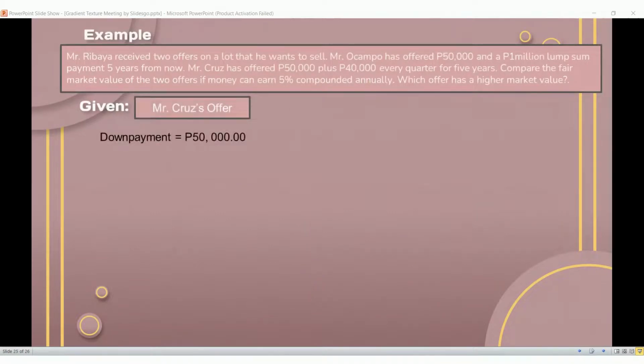His down payment is 50,000. Because Mr. Cruz has a regular payment of 40,000, we will use a general ordinary annuity. The time is the same, 5 years, and the interest rate is 5% compounded annually.